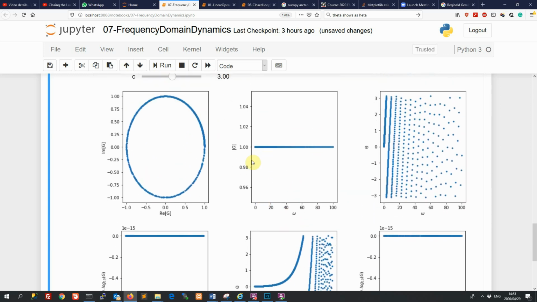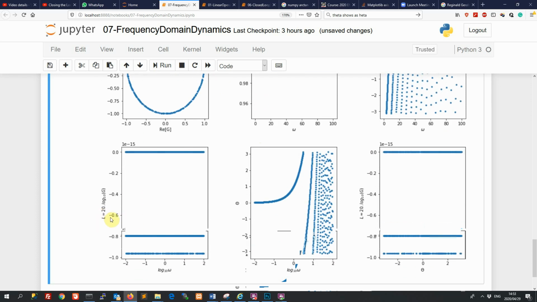Now, if our magnitude is unchanging and it's a 1, then that's going to give us a 0 for L, right? Log of a 1 is a 0. So we get a 0 everywhere here. This minus 1 is a bit deceptive.